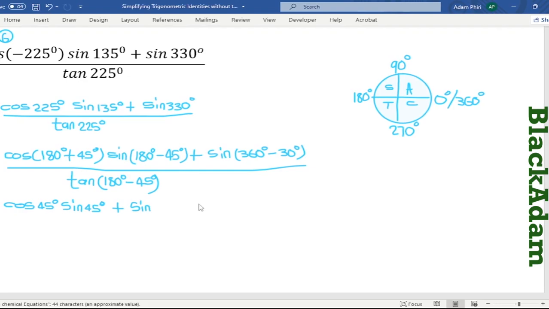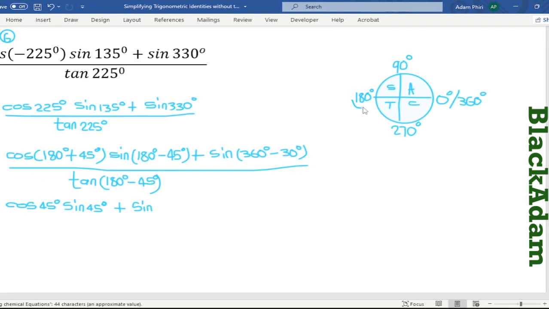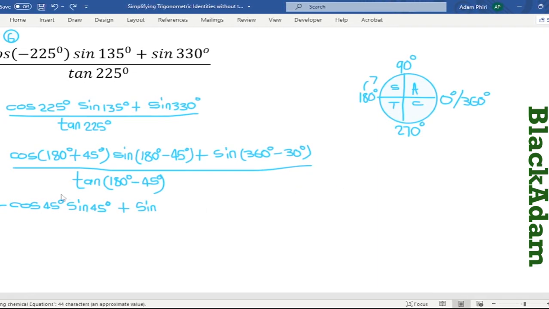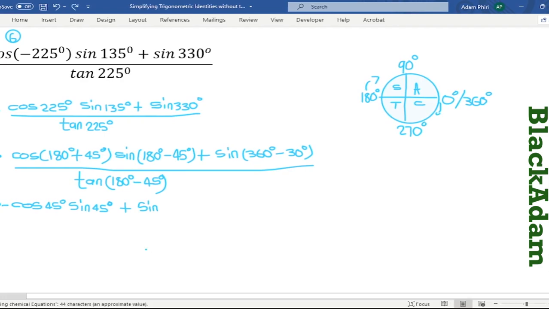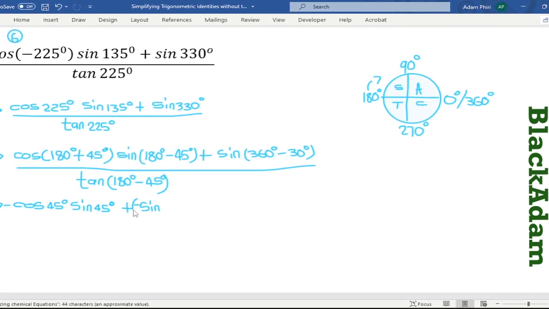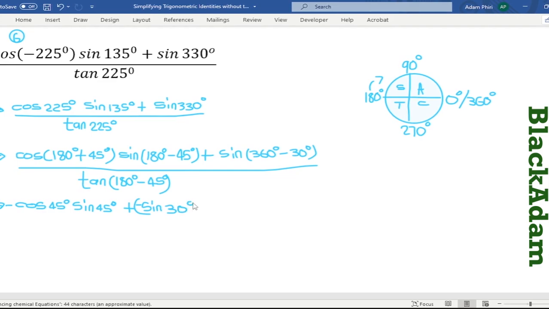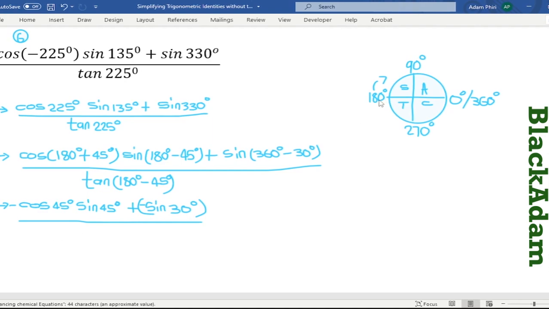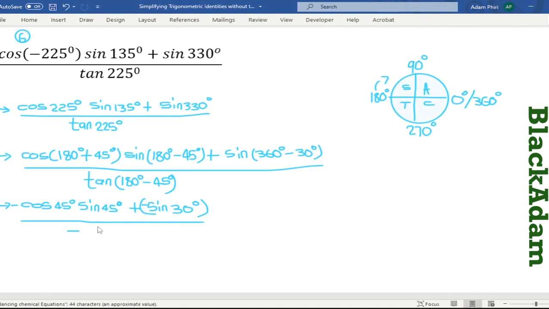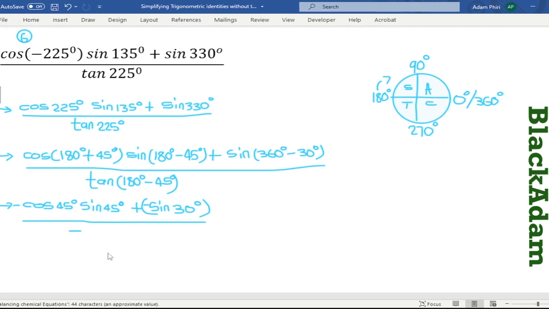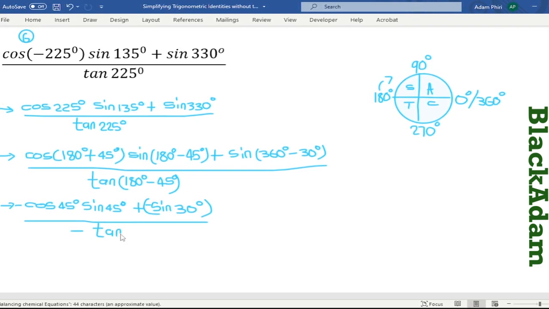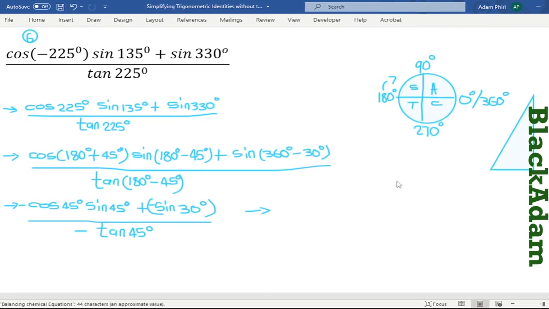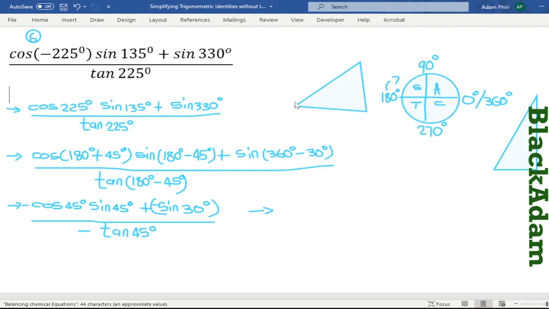Then sin of 180 degrees minus 45 degrees is positive, so plus sin 45 degrees. Then sin of 360 minus 30 is negative sin 30 degrees. All over tan of 180 plus 45, which is negative tan 45 degrees. Wait, tan 180 plus 45 is positive tan 45 degrees.